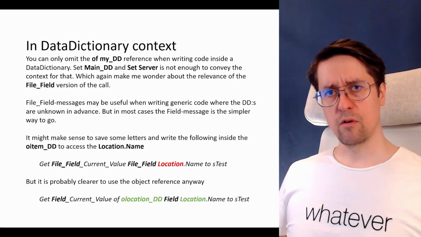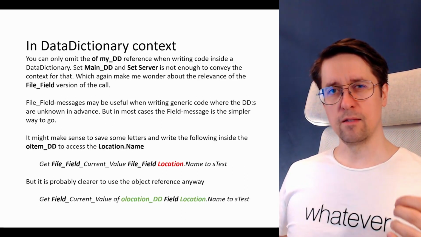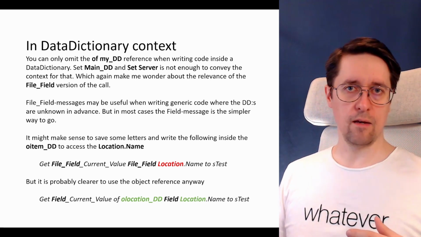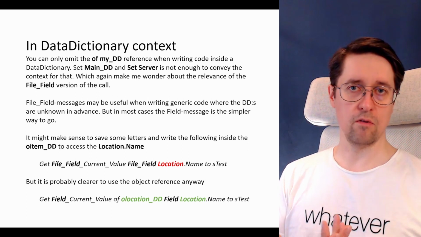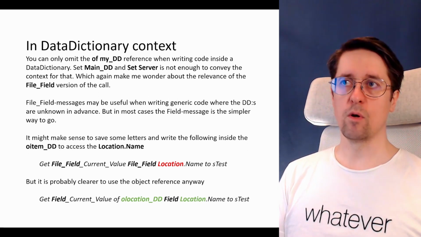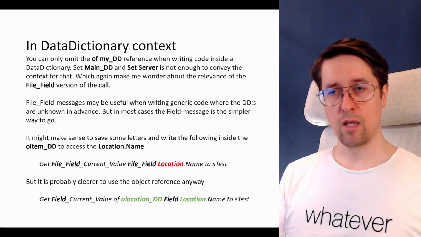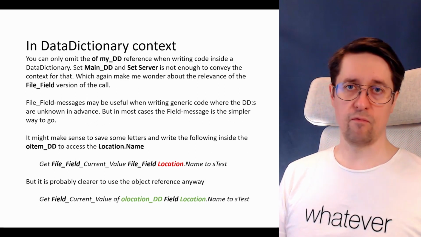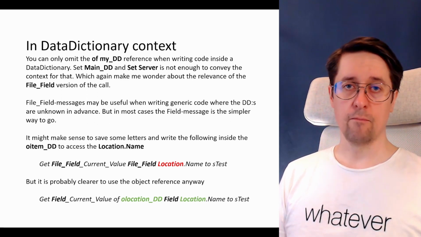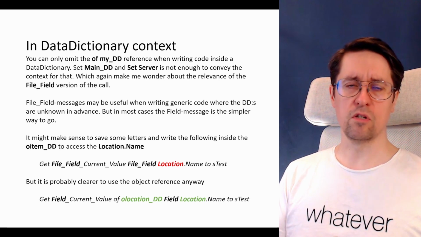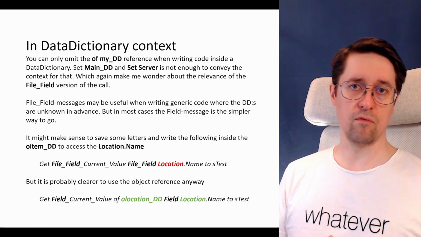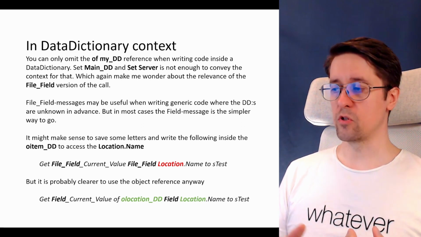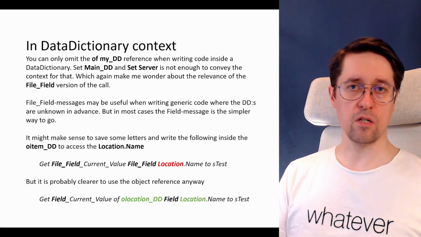So when in data dictionary context, you can actually omit the reference to the data dictionary if you're accessing your own data dictionary. And if you want to access a remote data dictionary, you could use file field current value, but I would assume that it's cleaner and easier to write field current value and just reference the correct data dictionary.